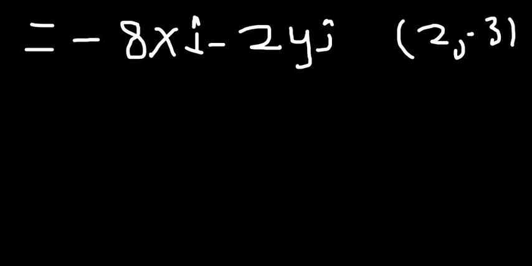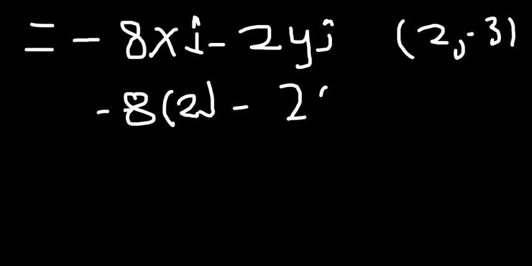So we say negative 2 into brackets 2, and you should not forget it was negative, then minus 2 times negative 3. So here we had i, and here we have j.